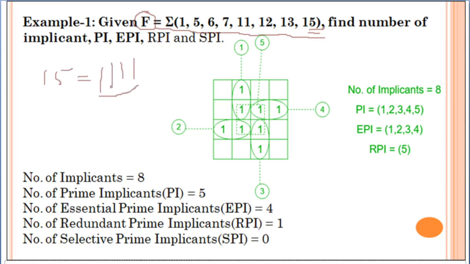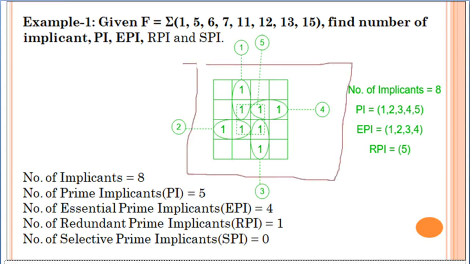That means we have a 4-bit number, so this particular function has 4 variables. Clear? That's why we create a 4 cross 4 K-map. That means 4 variables, total 16 cells here.